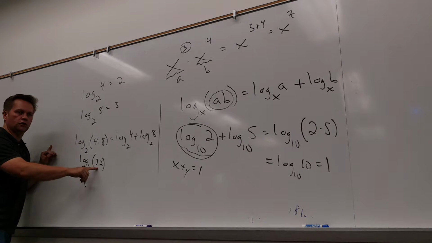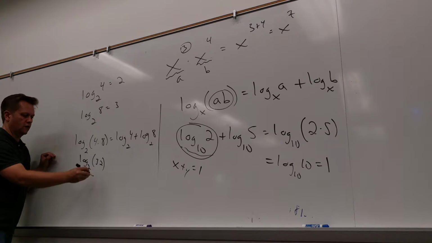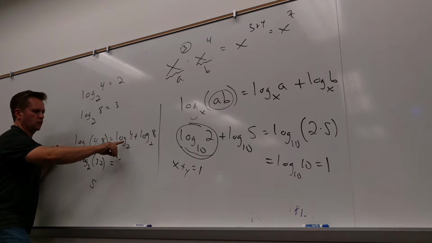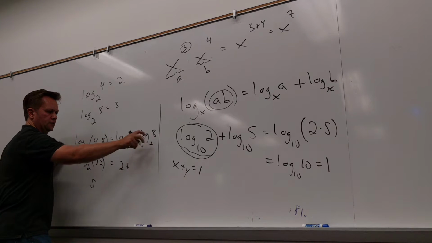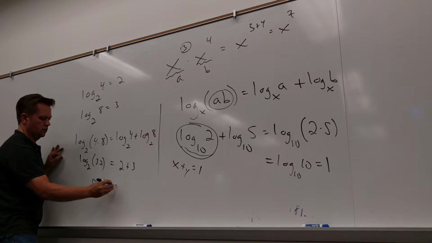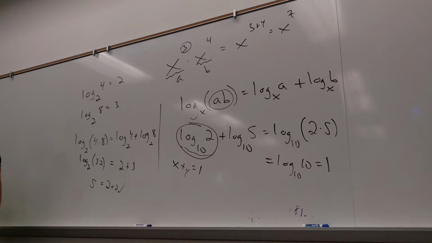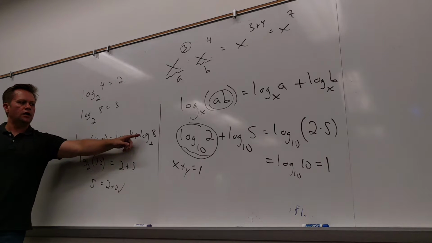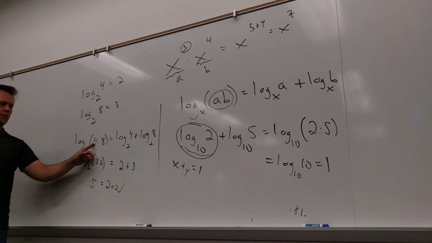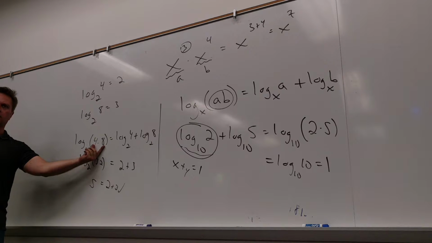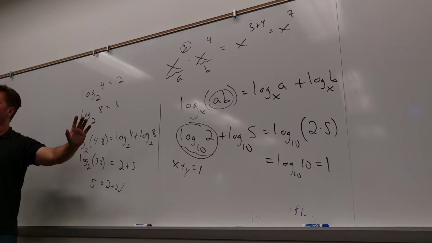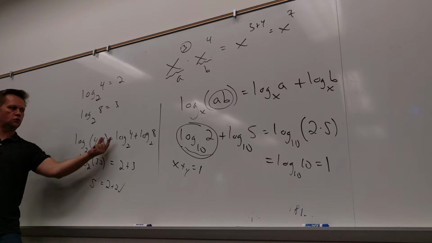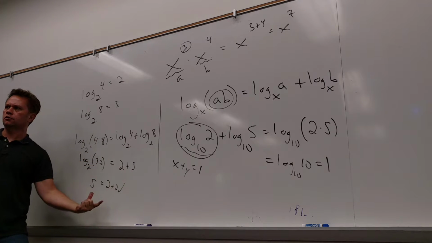And what's log base 2 of 32? 5. And of course, what's log base 2 of 4? 2. What's log base 2 of 8? 3. All right, so that works. So if you look at the powers individually, or you look at the powers after you multiply the stuff, of course they're going to be the same as long as you're adding them, right? When you multiply like bases, you have to add the powers.